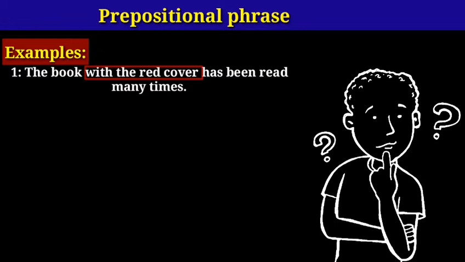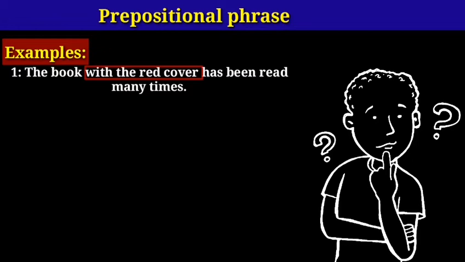First, we said that a prepositional phrase will start with a preposition. So does it start with a preposition? Yes, it starts with a preposition, and that is with. And we have also said that a prepositional phrase will be a group of words. So is it a group of words? Yes, it is. And along with that, we have said that a prepositional phrase will not consist of subject-verb combination. So does it? No, it doesn't.